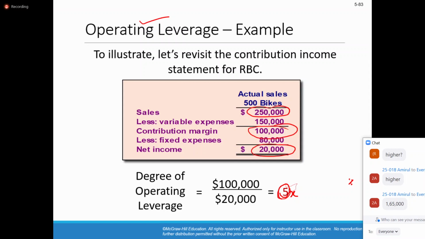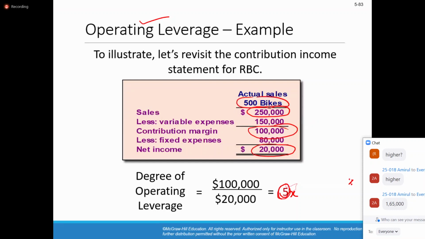It is not a kind of constant that it will be 5 in all cases. So you have to determine the base on which you have calculated the degree of operating leverage. You see that you have estimated it based on the 500 base.